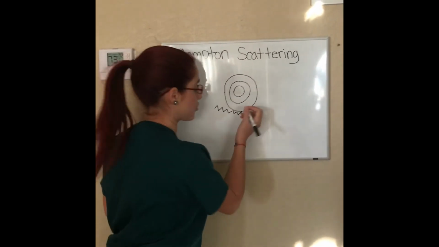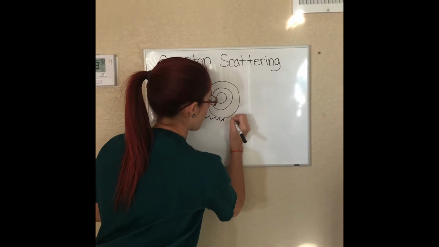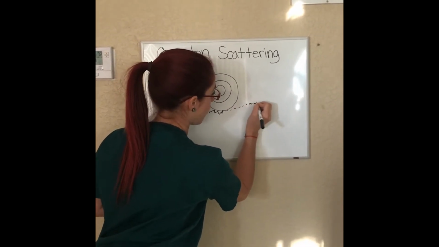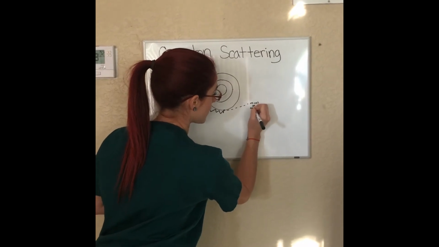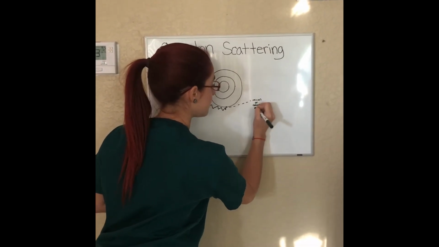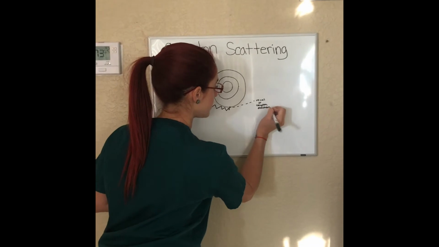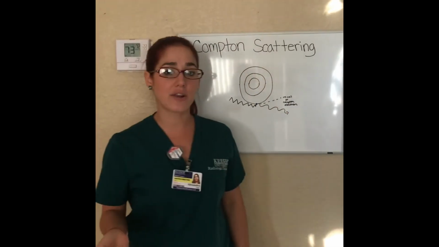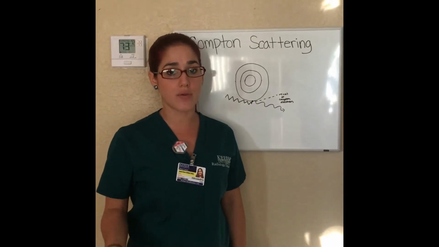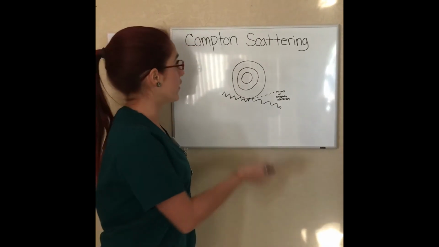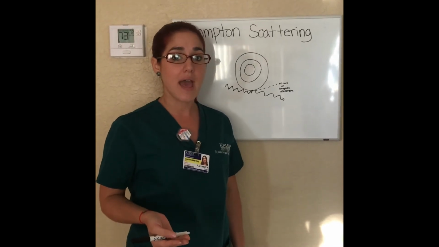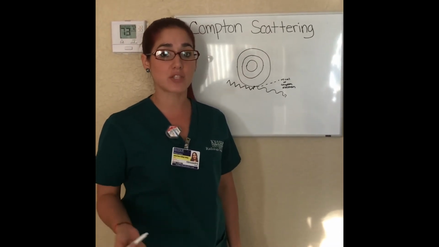This outer shell electron now releases out and is turned into a recoil or Compton electron. Scatter is then produced. Scatter is harmful to everybody in the room other than the patient. However, during Compton scattering, fog is produced because of this scatter, and fog affects the quality of the X-ray images.